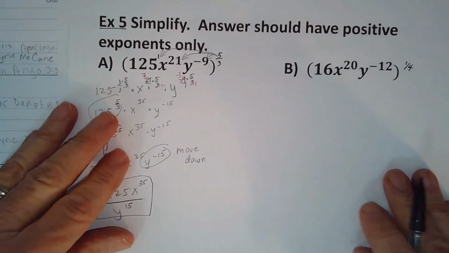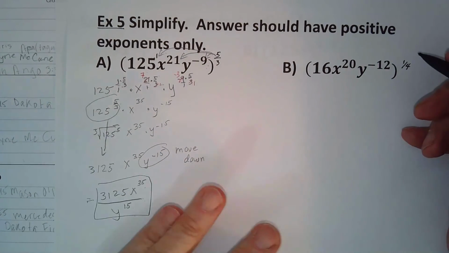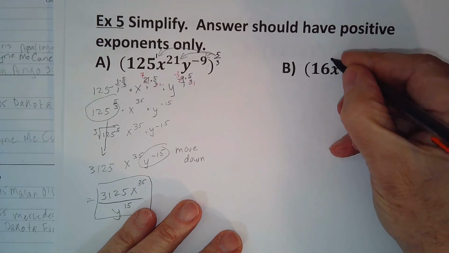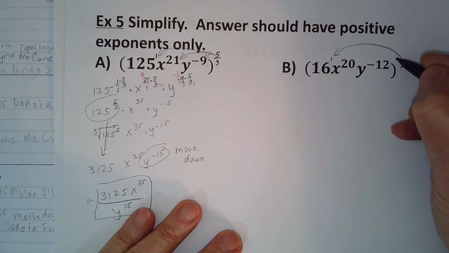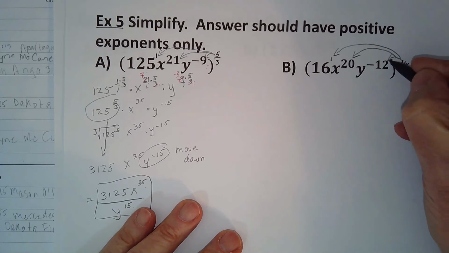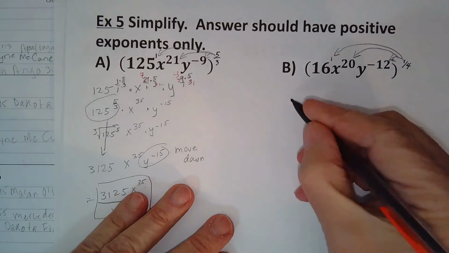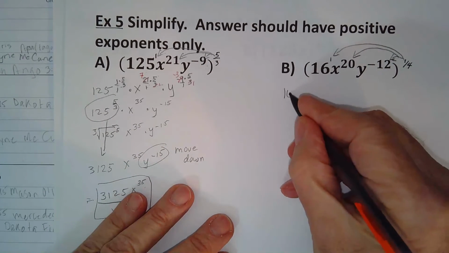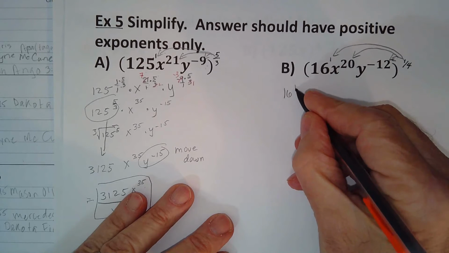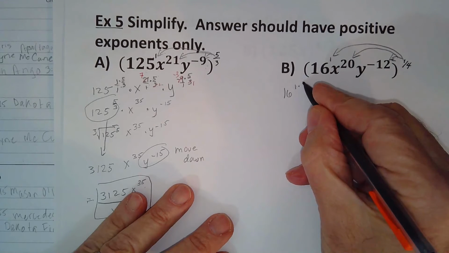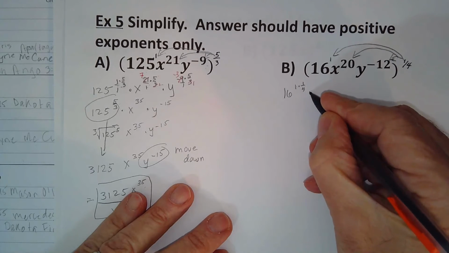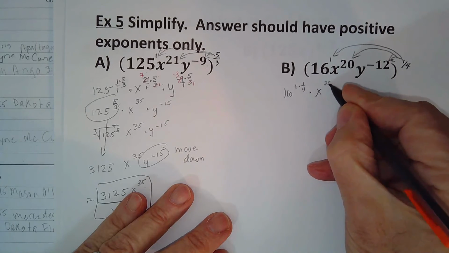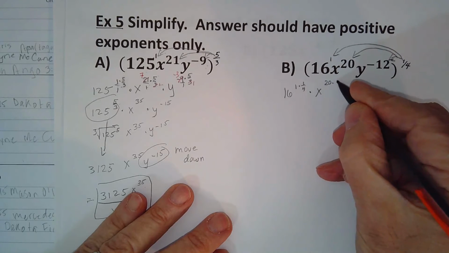All right, now let's try this one. So this is 16 to the 1, remember, and we're going to distribute this 1/4 to the 1, the 20, and the negative 12. So that means I have 16 to the 1 times 1/4, times x to the 20 times 1/4.